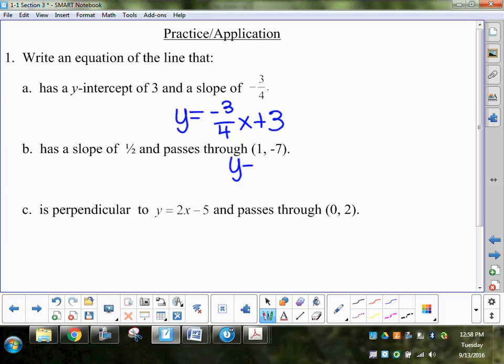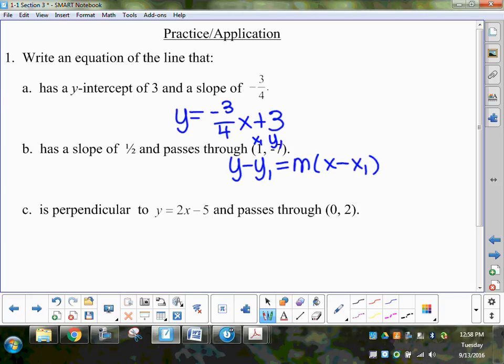Because remember, it's going to be y minus y1 equals m times the quantity x minus x1. What would you go through and plug in? So what's that going to look like when you make the replacement? Here's your x1 and y1, and you know what your slope is. So what's this going to look like?